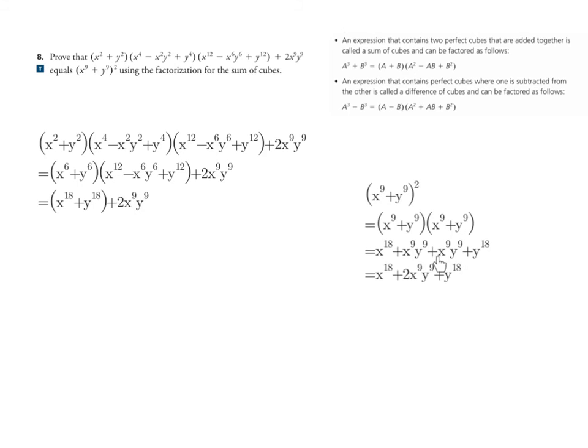And you put those together, and thankfully we get x to the 18 plus 2x to the 9 y to the 9 plus y to the 18, which is the same as x to the 18 plus 2x to the 9 y to the 9 plus y to the 18. So indeed they are the same.